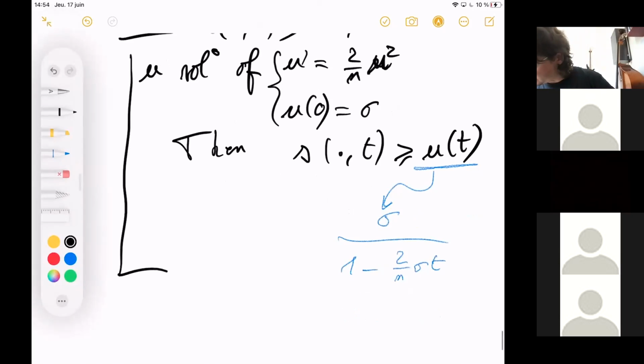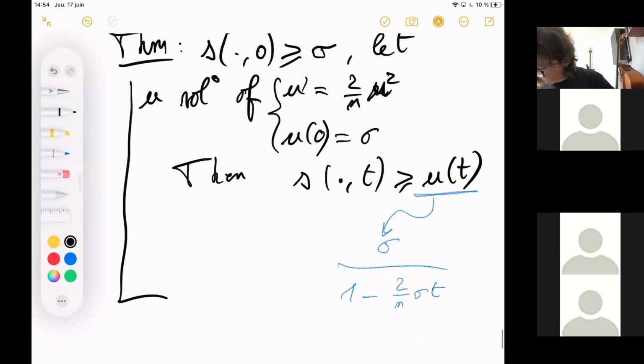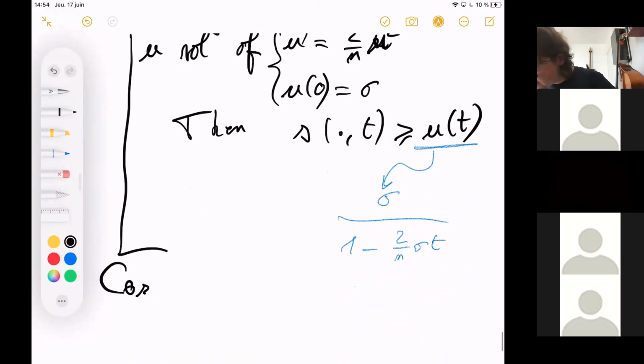And so this is good. In particular, a corollary again, and this is in the spirit of what we were saying, that when you have positive curvature, then you tend to have a finite time of existence.